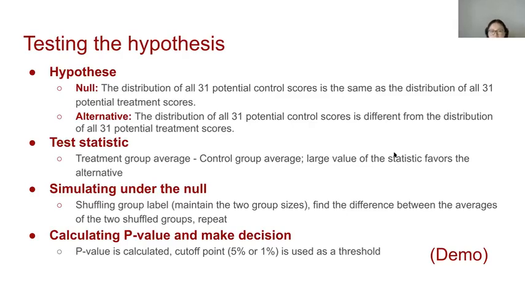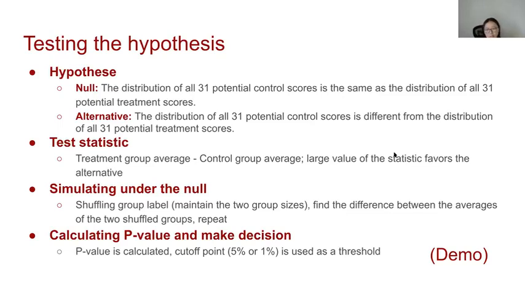All right, and the test statistic hopefully makes sense to you now, especially since in the previous demo I showed how we are able to compute this statistic from the observed data. In this case, the test statistic is the treatment group average minus the control group average. And remember, when we're picking a statistic, we want one where, if it's large, it will favor the alternative, and if it's small, it will favor the null.